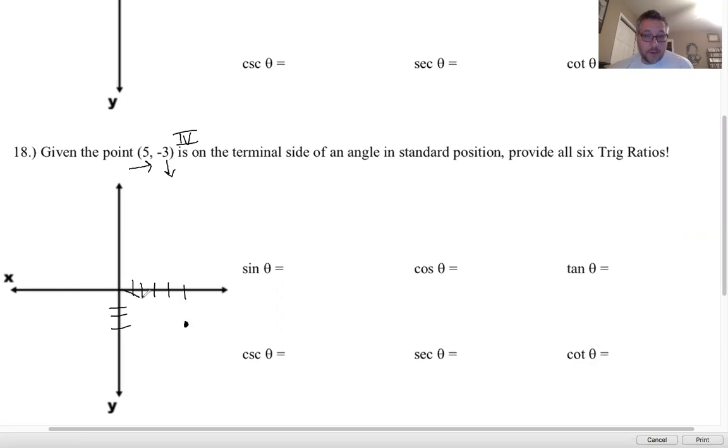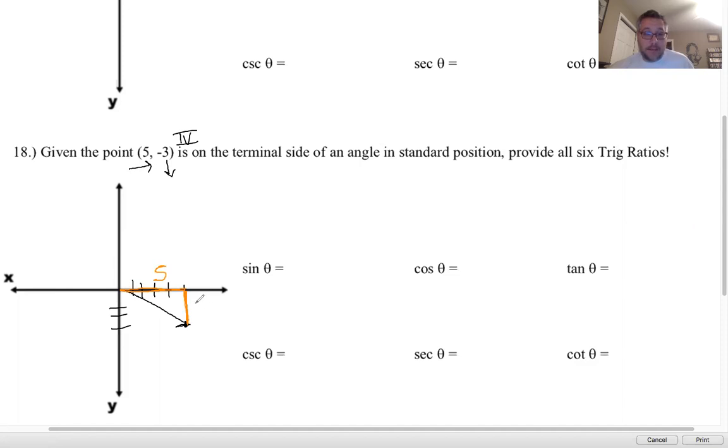So now I can draw my ray. But I also need the initial ray, which lies on the x-axis. So there's my initial ray. That was a length of 5. Now I'm going to close it down with a leg here.